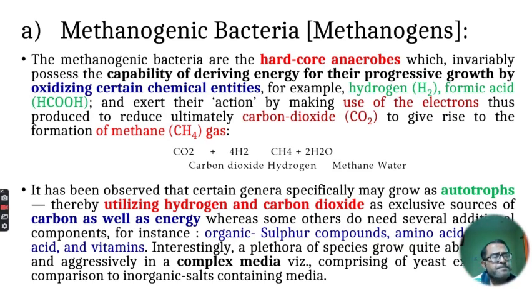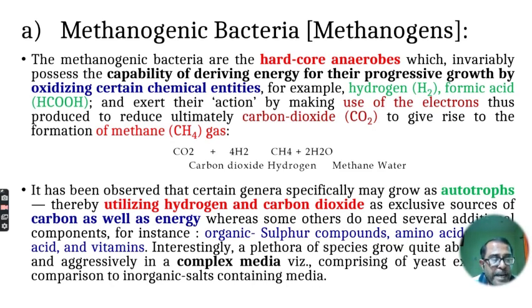Now here, when we see photosynthetic plants, they use sunlight as a source of electrons for the photosynthesis process.